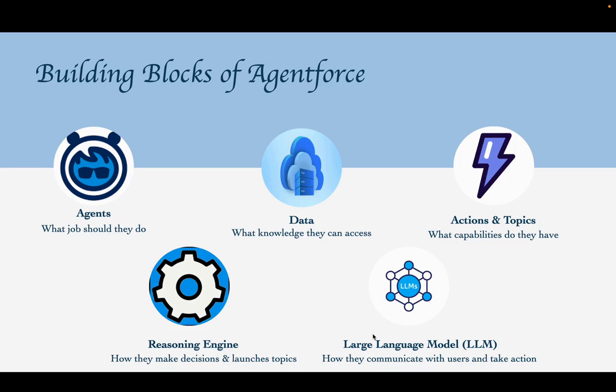Then we have the actions and topics, which refers to the capabilities that our agents have. Then we have the reasoning engine, which refers to the way the agents can make decisions and launch the topics and actions. Last but not least, we have the large language model, which refers to the way the agents can communicate with users and take actions.